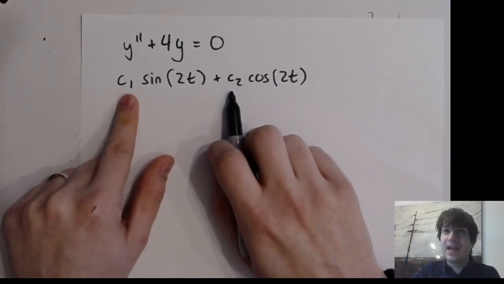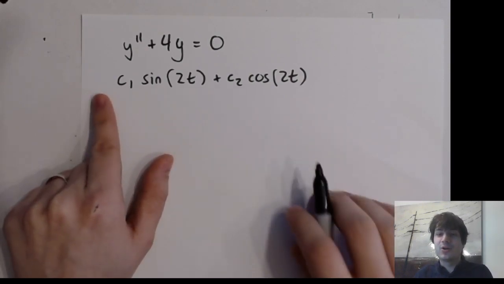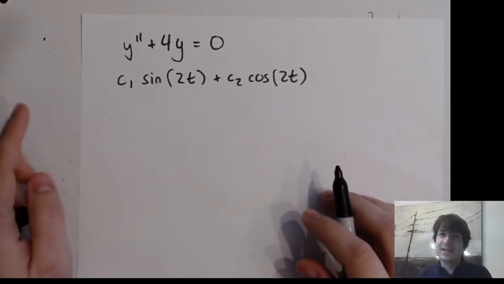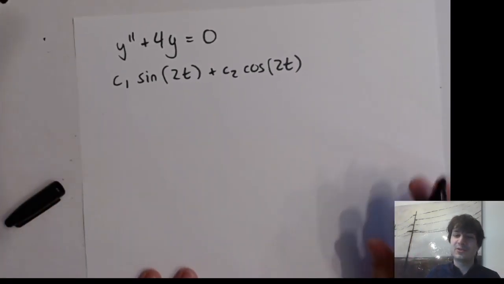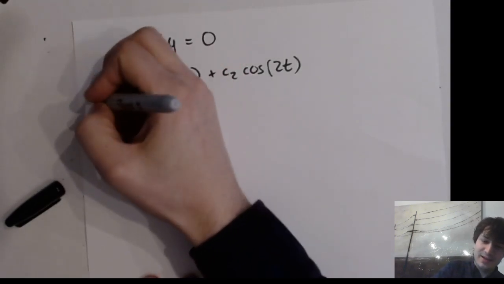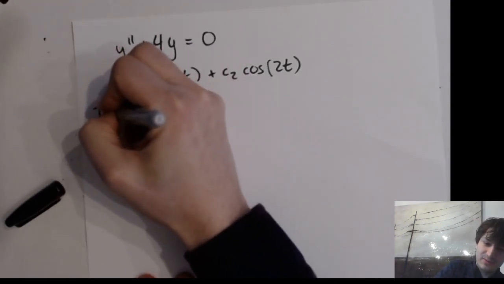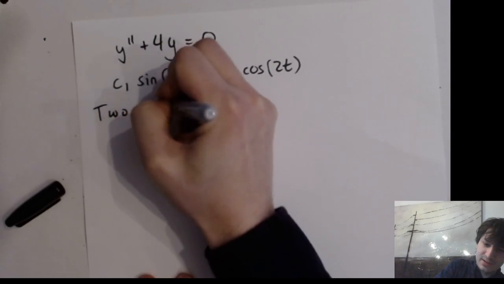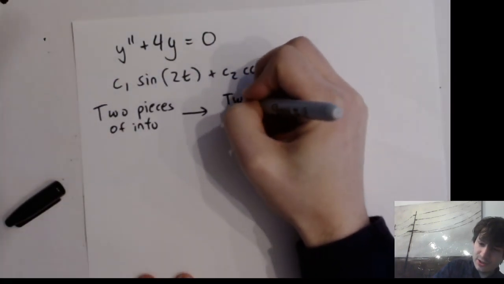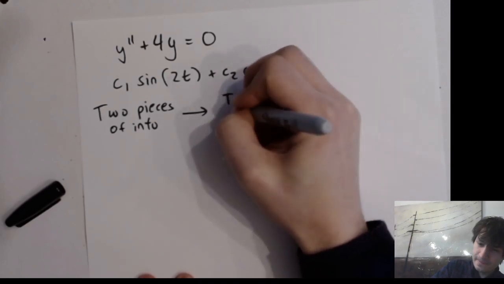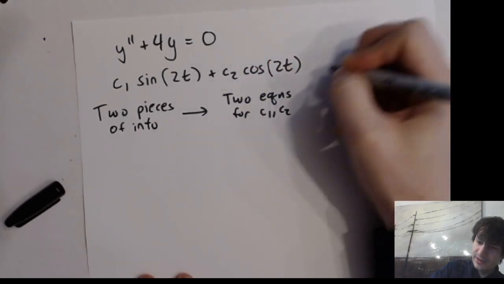Sort of every piece of information gives you an equation involving c1 and c2. So you have two unknowns, so you're going to want two equations, so two pieces of information. So we need two pieces of info that give two equations for c1, c2, and then you solve.